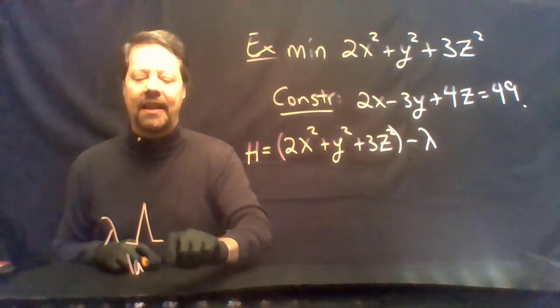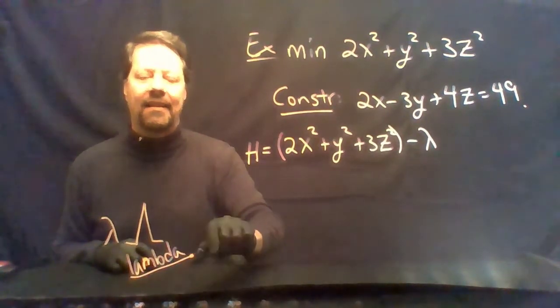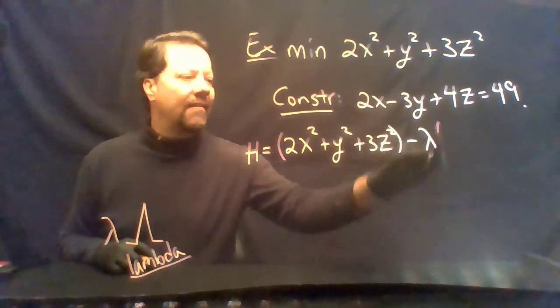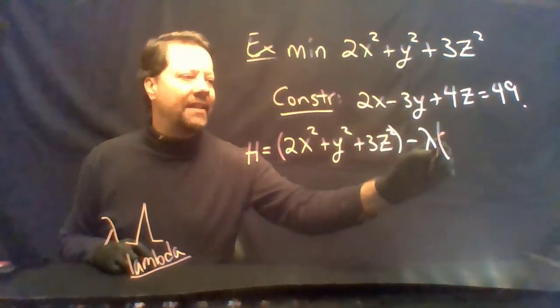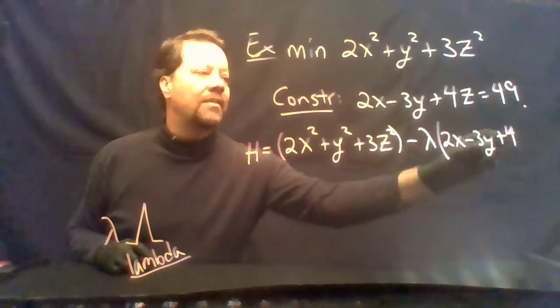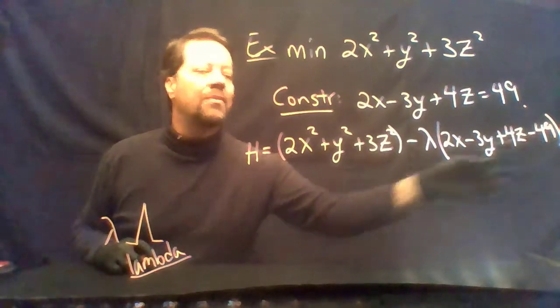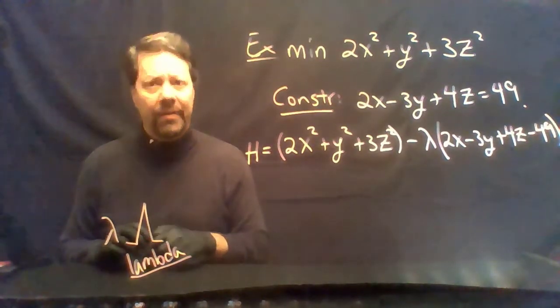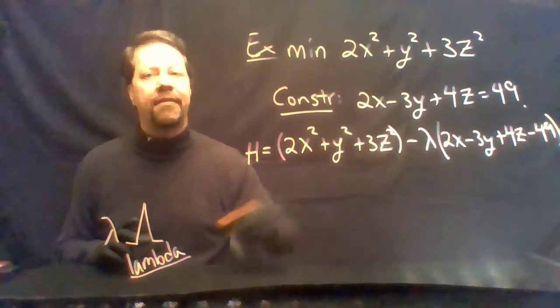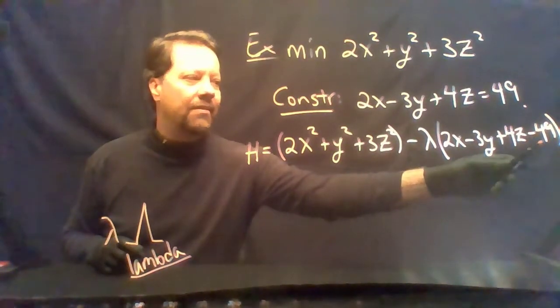It's spelled L-A-M-B-D-A, lambda. We'll put the constraint here, 2x minus 3y plus 4z minus 49. We don't really need to solve for 0 because we're always taking derivatives and setting them equal to 0. The derivative of a constant will be 0. So we don't need this term here at all.